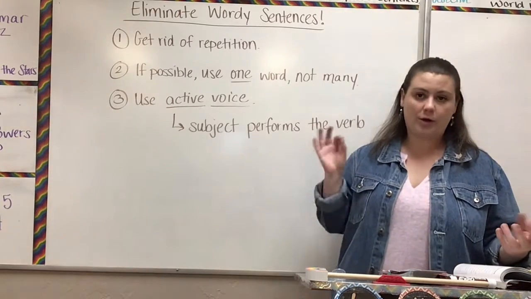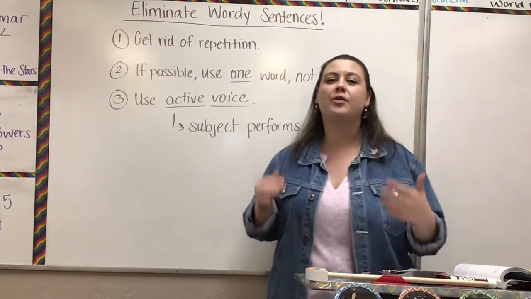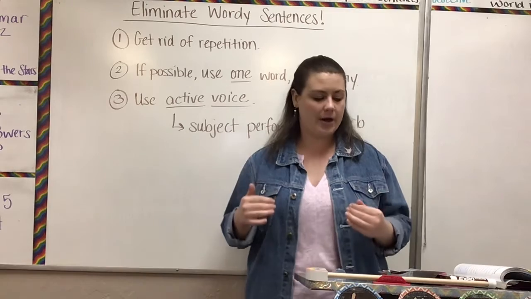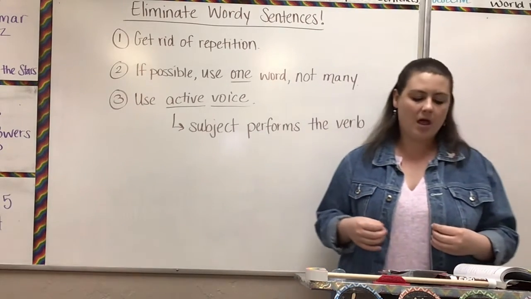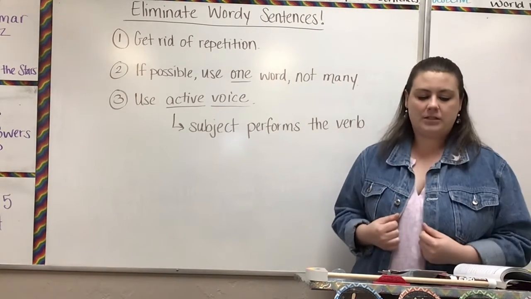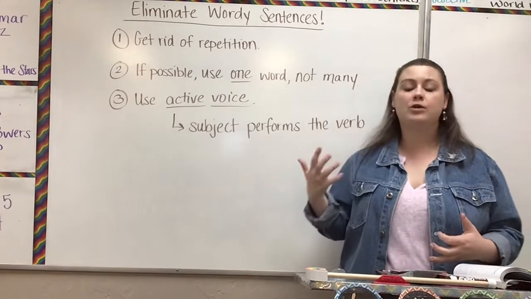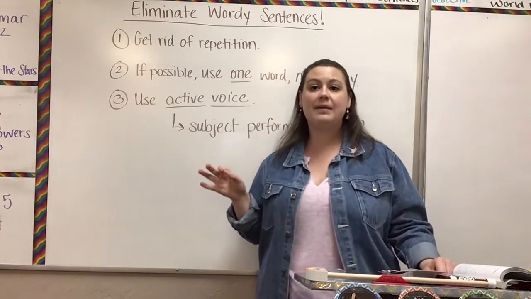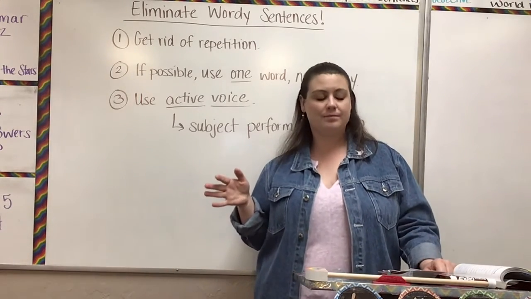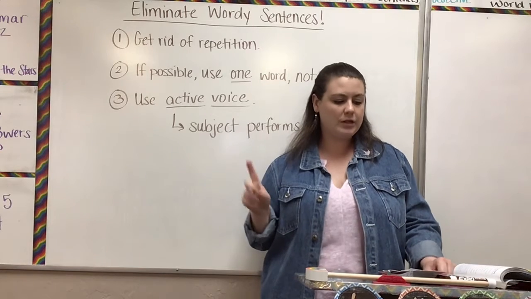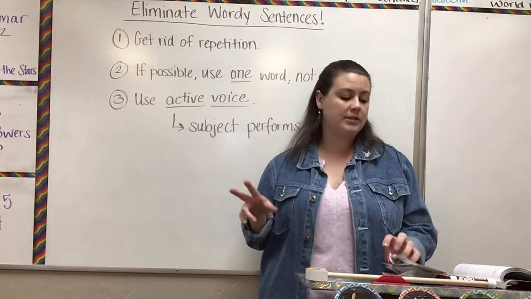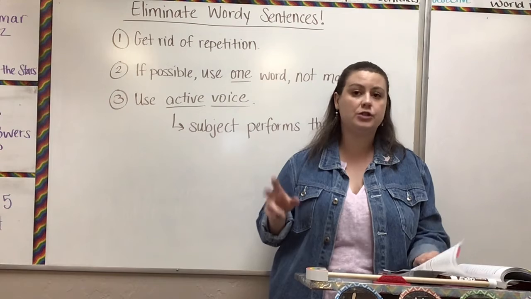All right, so we're in the process here in chapter 2 of perfecting our writing, making it better, refining it. Okay, so those are the ways we can eliminate wordy sentences. Your assignment today is going to be a little unique, sort of. So we're going to work on 2 different exercises, exercise 1 and exercise 2 for this lesson.